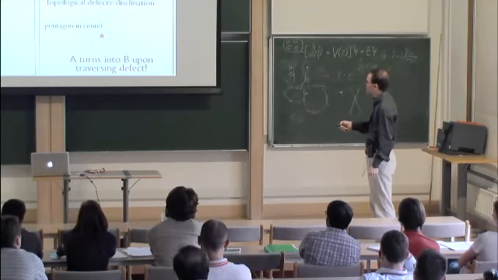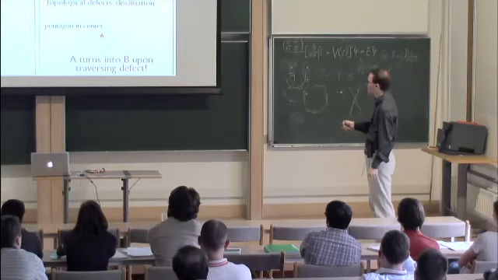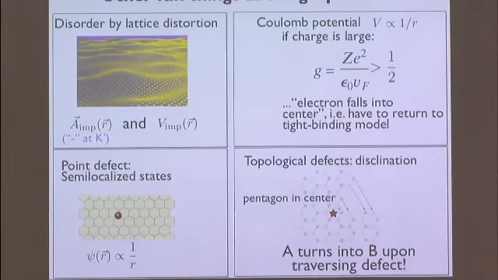Now, in order to make this happen, and in order not to spoil the hexagons everywhere else, you could take a 60-degree wedge out of the original graphene sheet and then glue together these edges, like shown here. This recovers the perfect hexagonal structure everywhere except for in the center.